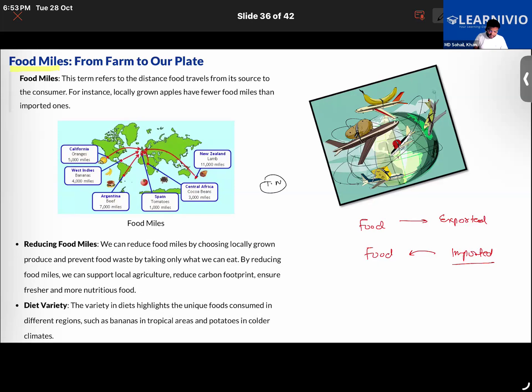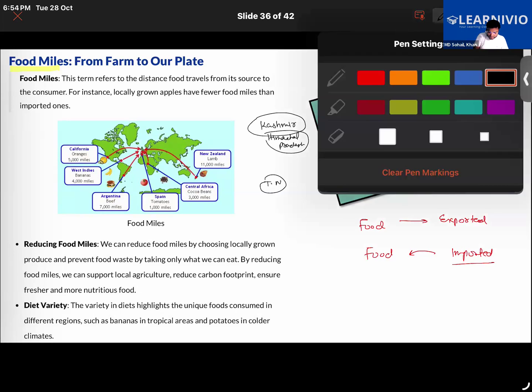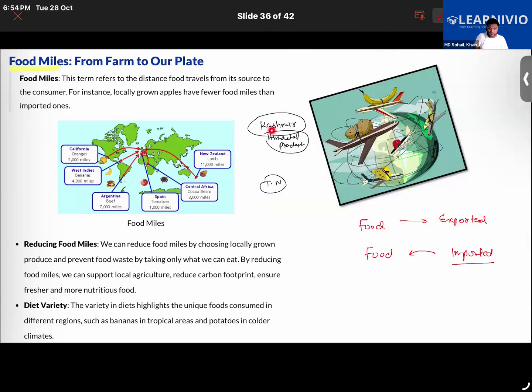So you will have to bring it from other states where it is produced, for example Kashmir or Himachal Pradesh. These states produce apples in excessive quantity, so from there you can import it.